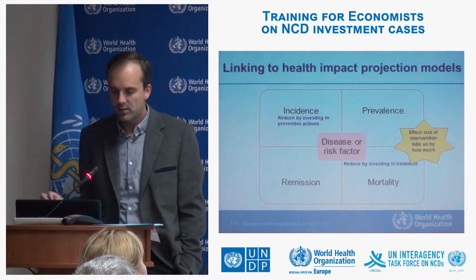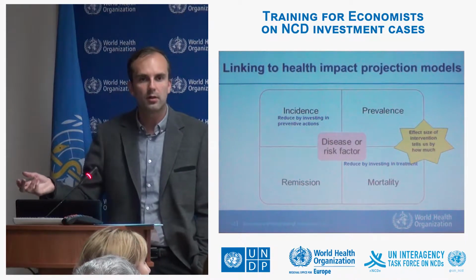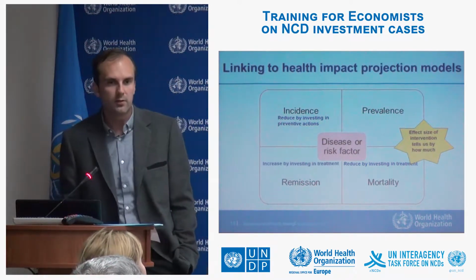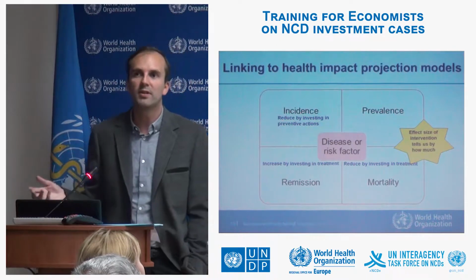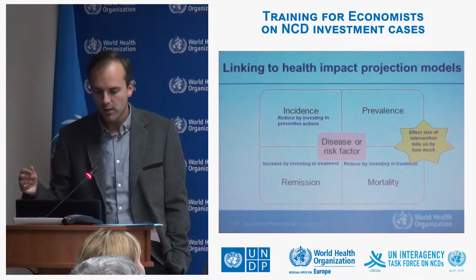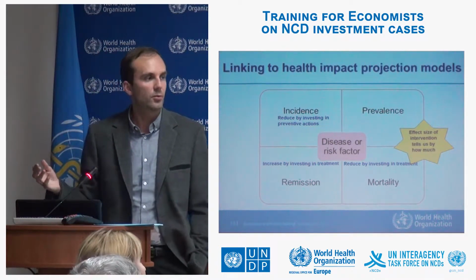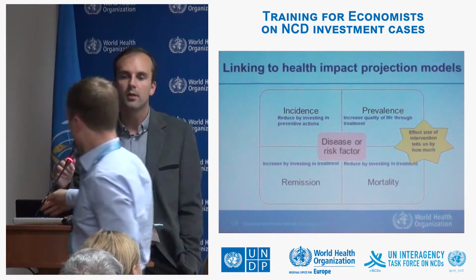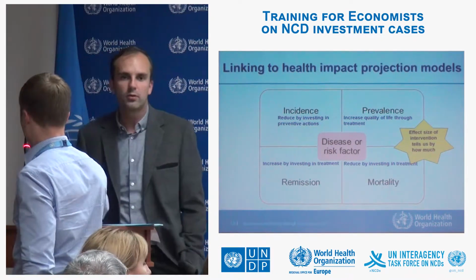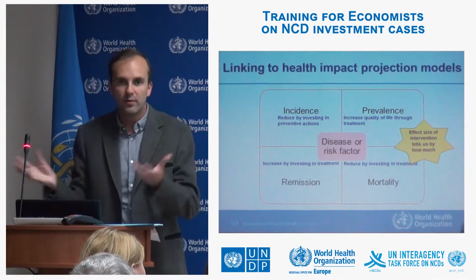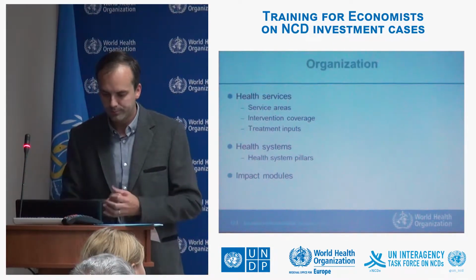If you invest in a treatment, then you're going to have lower mortality. If you invest in a kind of treatment that prevents moving from a state of hypertension to a much more serious health state, then you're going to have higher levels of remission. And similarly, if you have certain interventions that focus on quality of life, then you're going to see prevalence ratios perhaps drop.